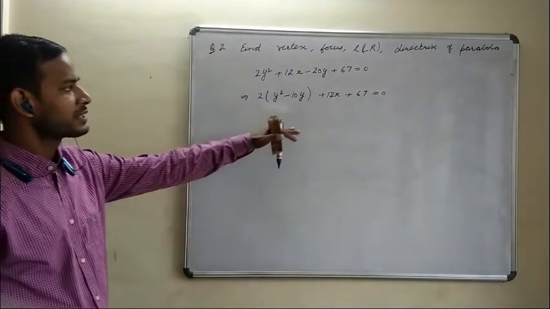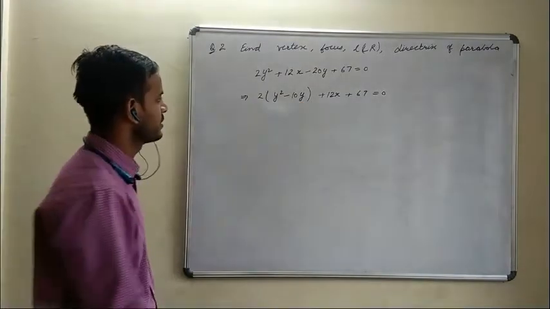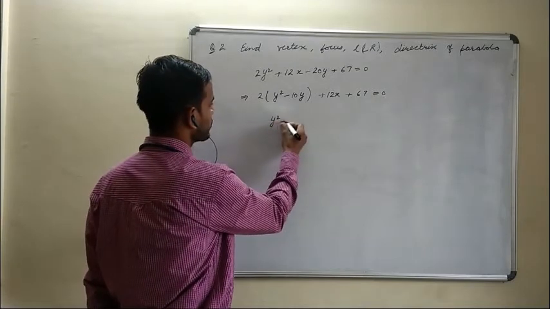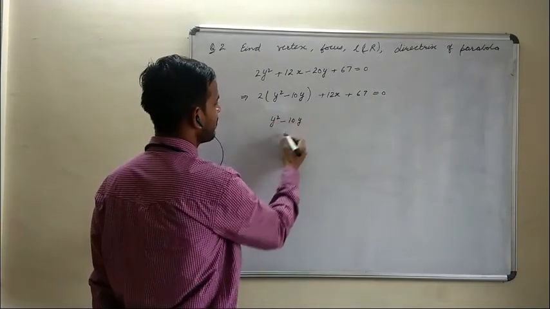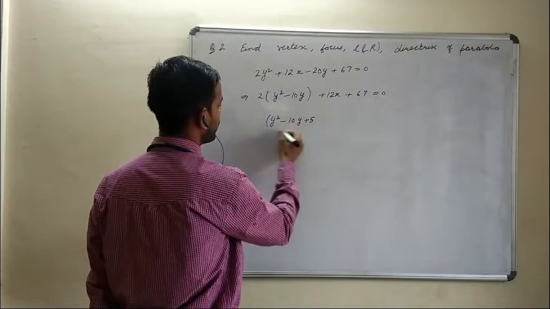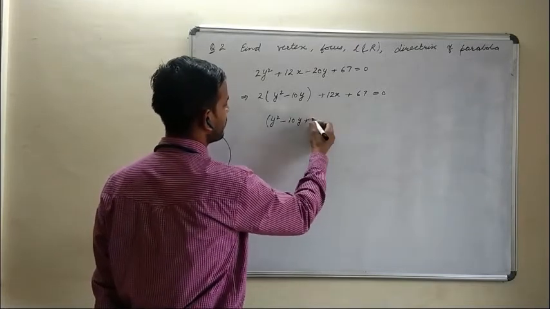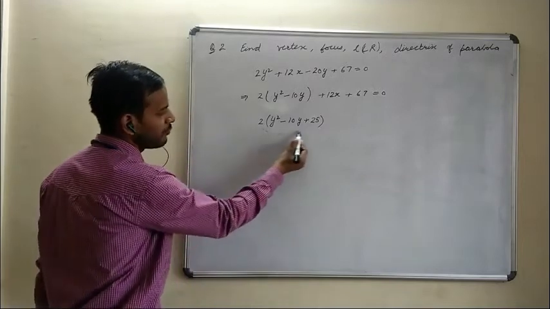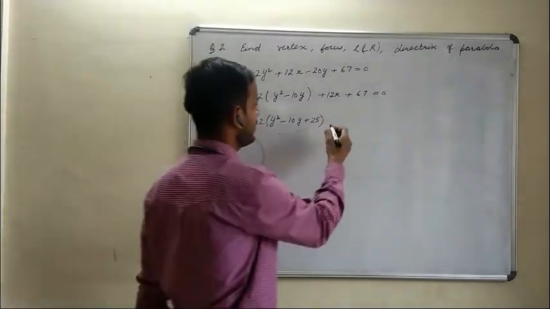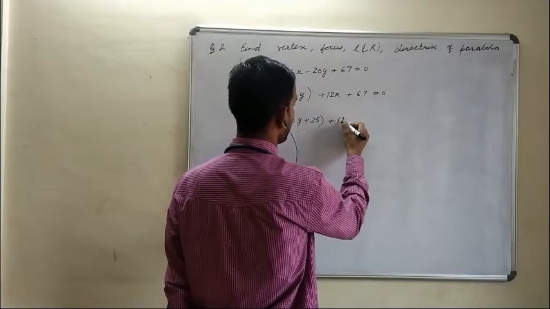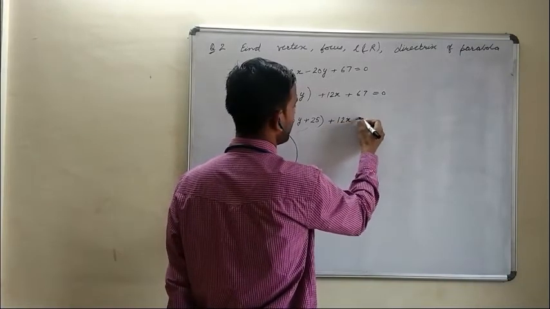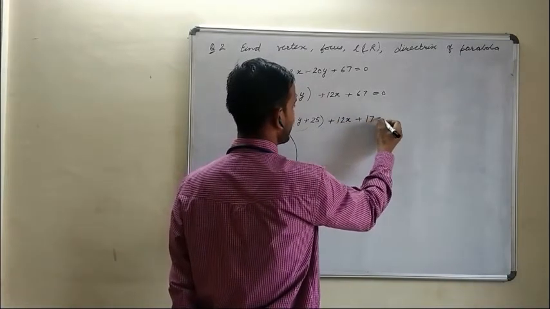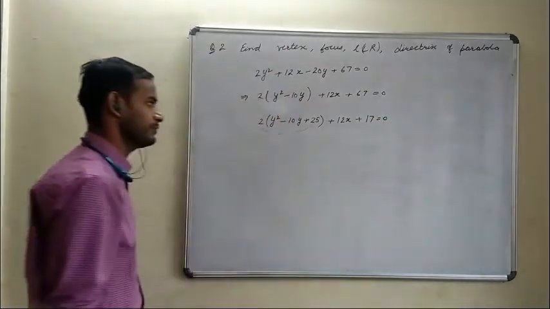Okay, now let us complete the whole square for this. So y square minus 10y plus 5 plus 25. So since we have added 50 over here, we need to subtract 50, plus this would be 17 is equal to 0. Okay.